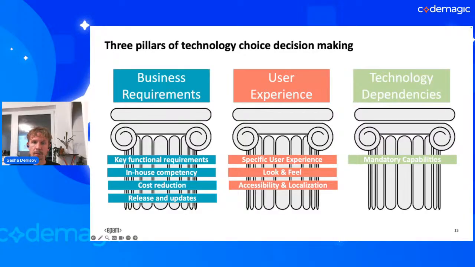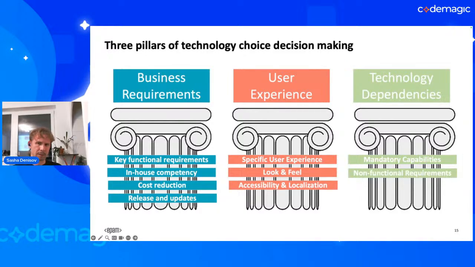Okay, the last one, technology dependencies. So the first one is mandatory capabilities that we should have. I don't know, in-app purchases or location service, push notifications. All of them are technology dependencies, and non-functional requirements.